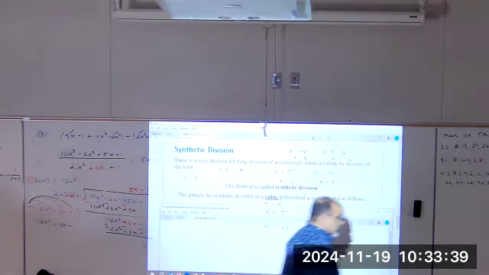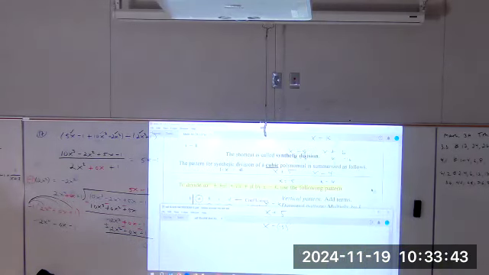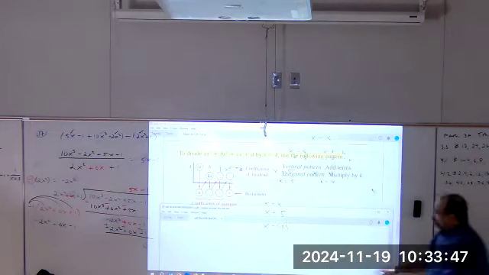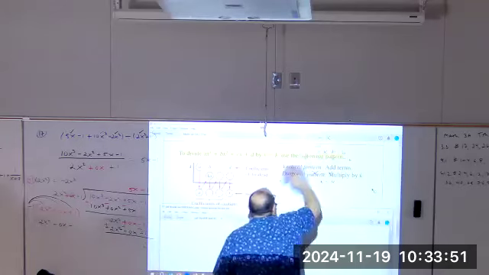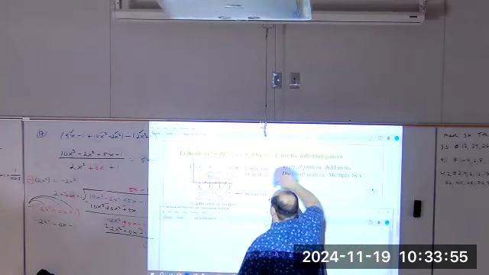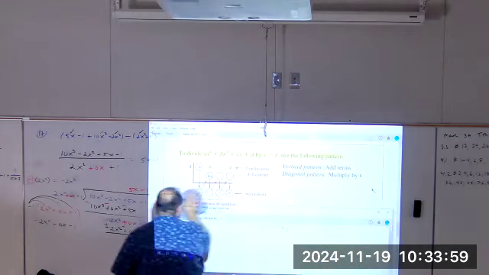Now they gave an example. We're going to do our other example that we did earlier. But this is what it looks like when they try to teach you with the book. They give you an example with ax to the third plus bx squared plus cx plus d, divided by x minus k.